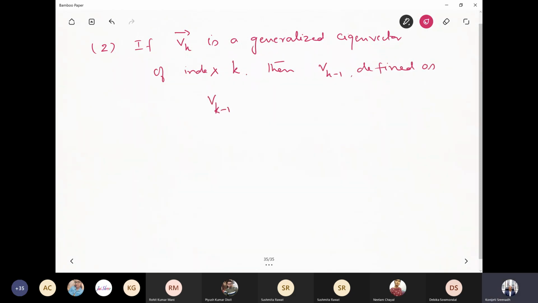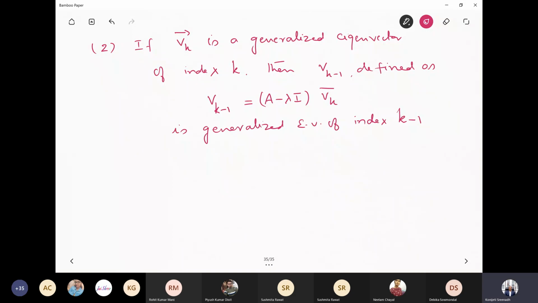How do I define Vk minus 1? It is nothing but (A minus lambda I) Vk. These are generalized eigenvectors of index k minus 1, k minus 2, k minus 3, like this.